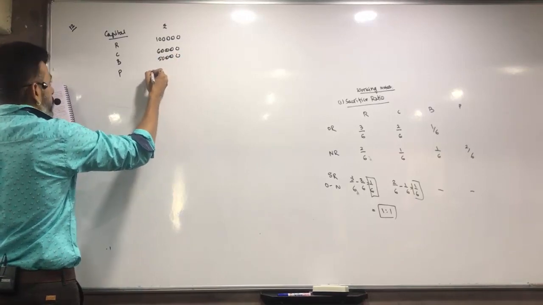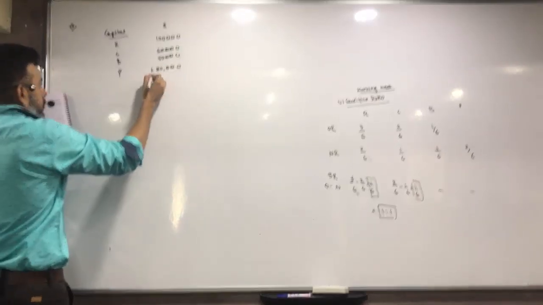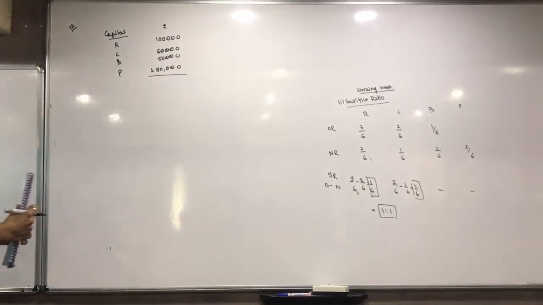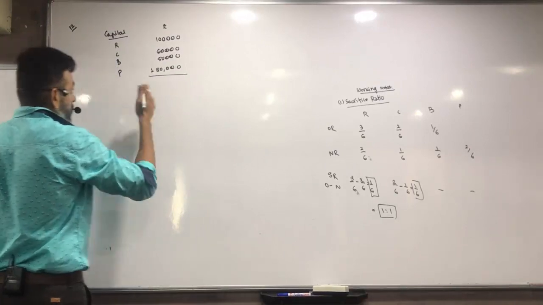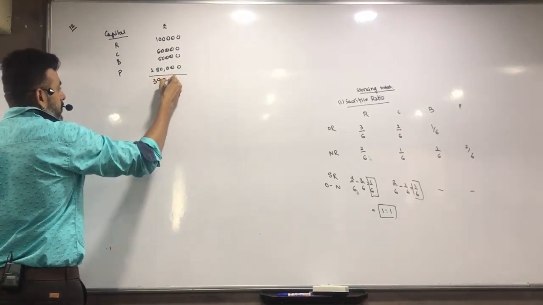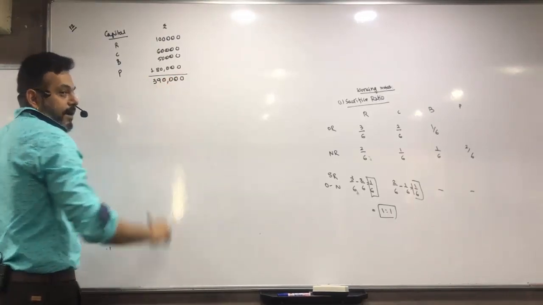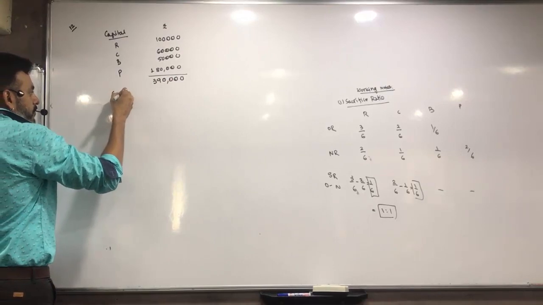How much P brings? 1,80,000. What's the total? 2,80,000. 3,80,000. 3,90,000. Plus we also have general reserve.